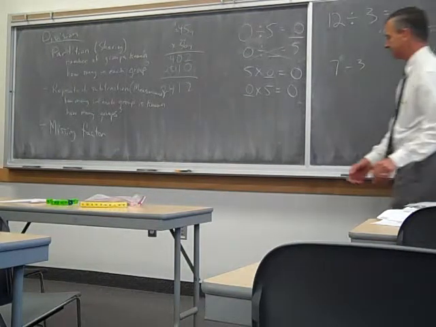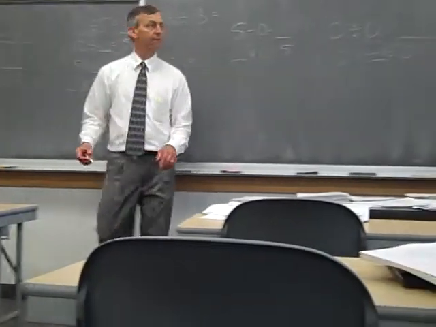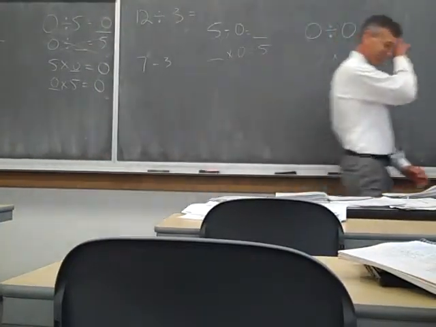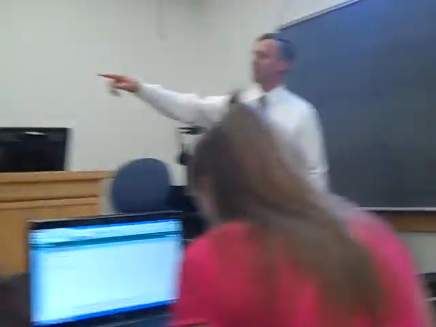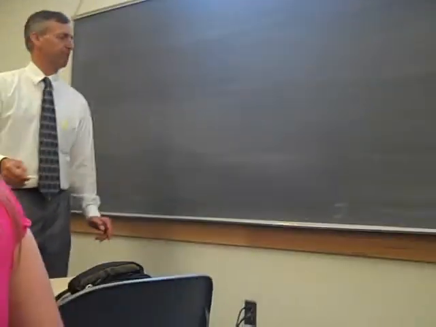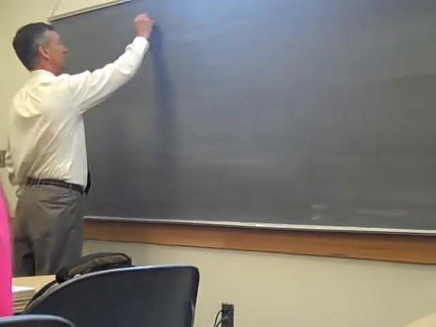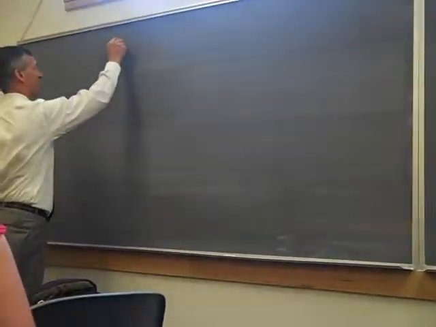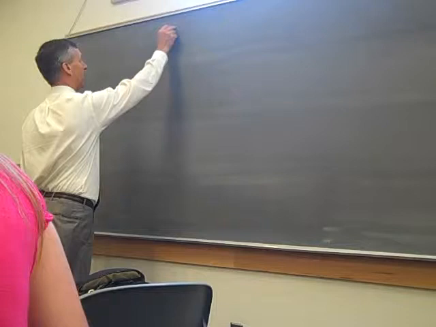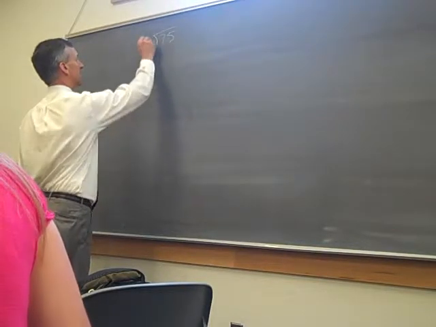I want to talk about division. What is it? Well, we've defined it. One of the models is repeated subtraction. What happens is, let's just do this one. 75 divided by 6.